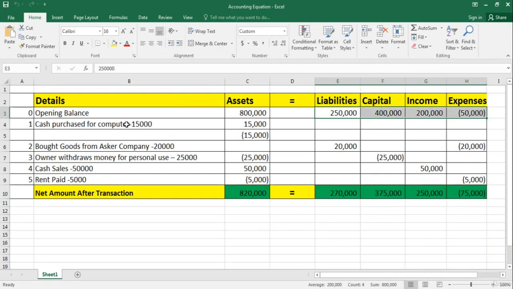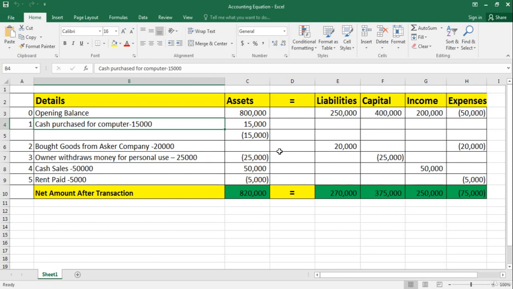The first transaction, cash purchase for the computer 15,000: the computer increases, so assets increase, and cash decreases, so assets decrease. The second, goods from Asker company 20,000: Asker company is a creditor, so liabilities increase.